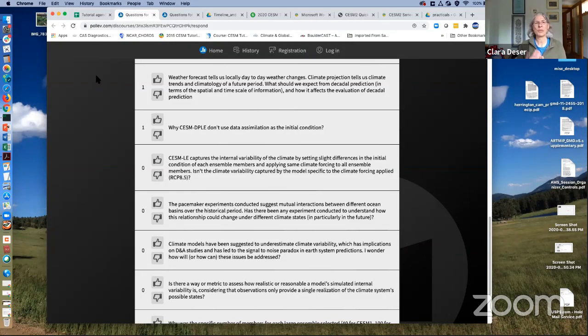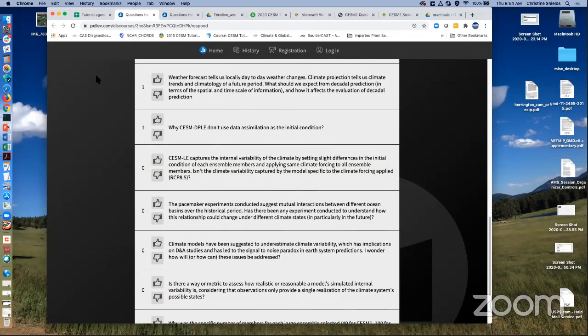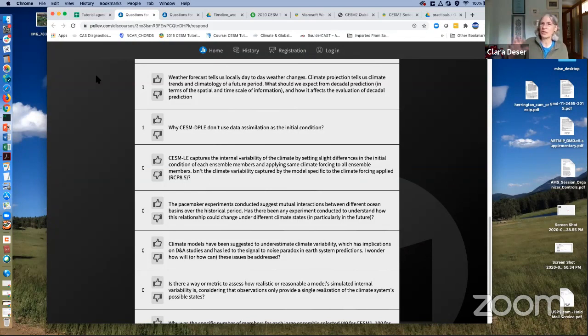In weather forecasting, we depend on there being some deterministic predictability. In climate projections, the predictability comes from the fact that we are prescribing a change in the external forcing, for example, greenhouse gases. So that's a forced response to that prescribed forcing.